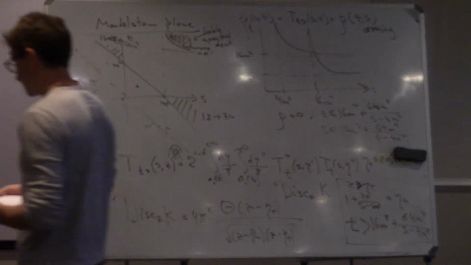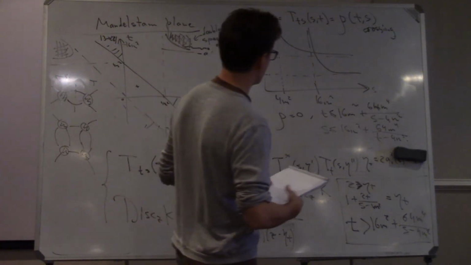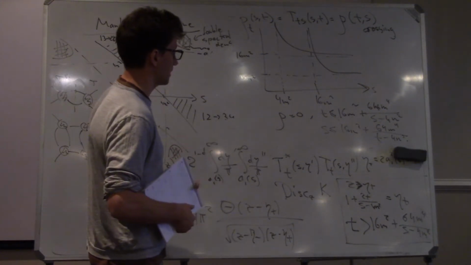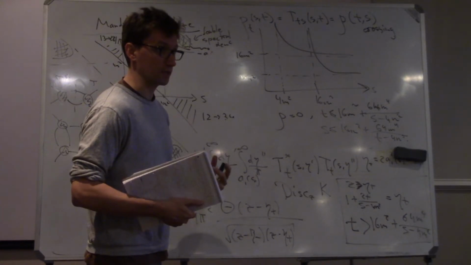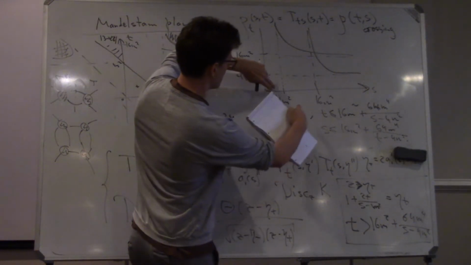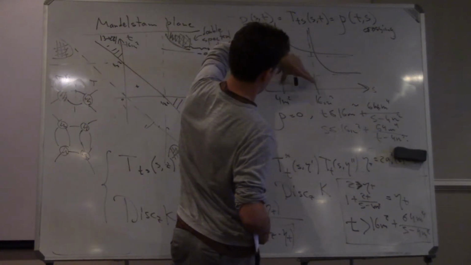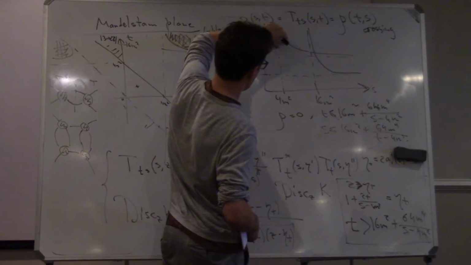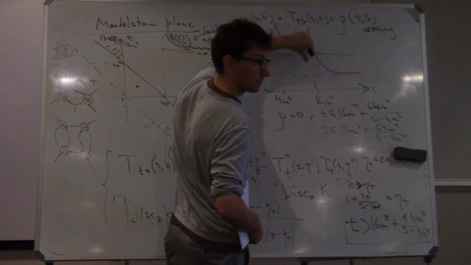Now here comes the crucial fact about theories with no production. So in a generic theory, which has production, elastic unitarity applies only in this strip. So we have that in this strip, the spectral density is 0 here, and in this strip, the spectral density is 0 here.